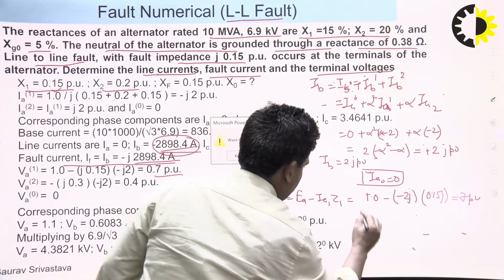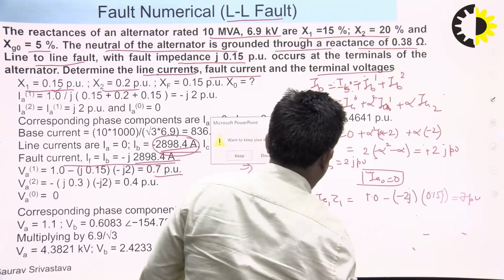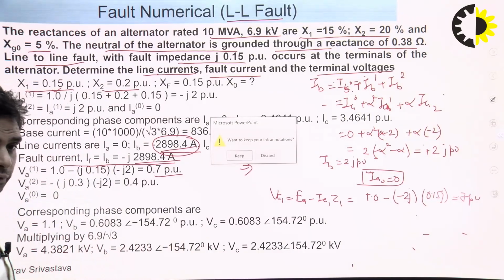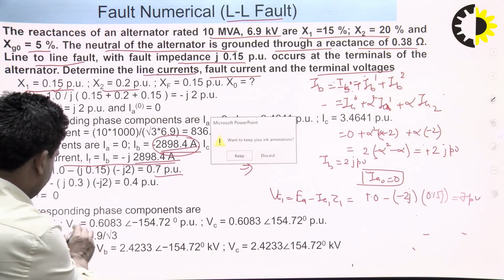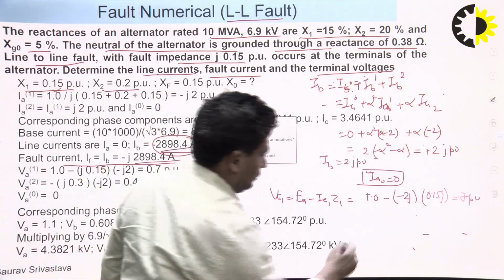Similarly we have the value of VA2, that is 0 minus IA2 Z2.